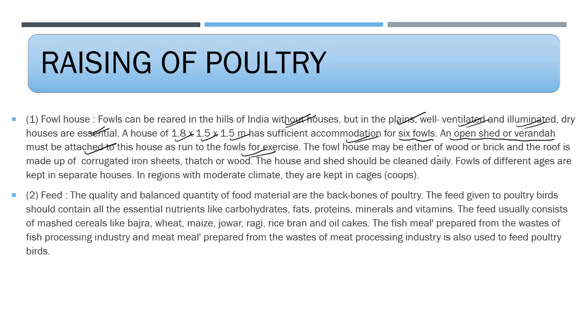The fowl house may be of wood or brick, and the roof is made of corrugated iron sheets, thatch or wood. The house and shed should be cleaned daily. Fowls of different ages are kept in separate houses. In regions with moderate climate, they are kept in cages or coops.